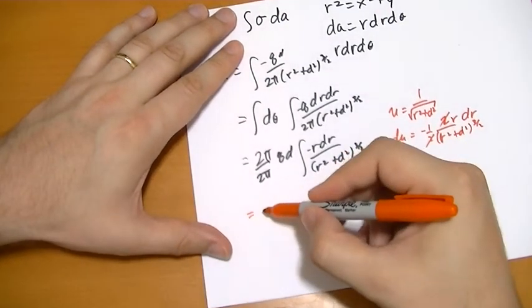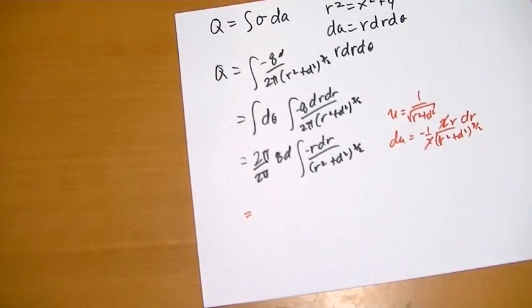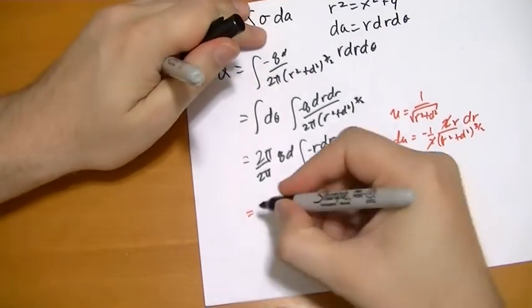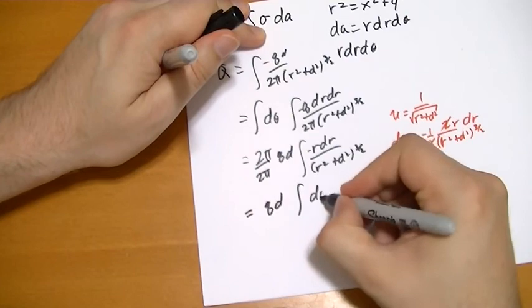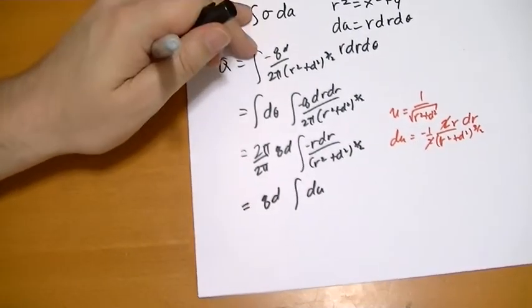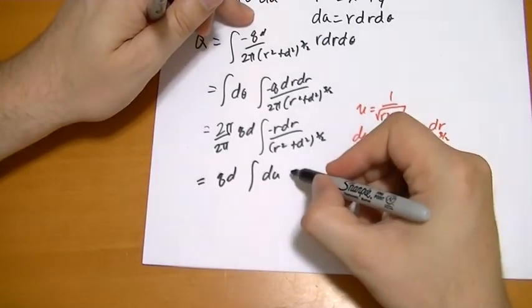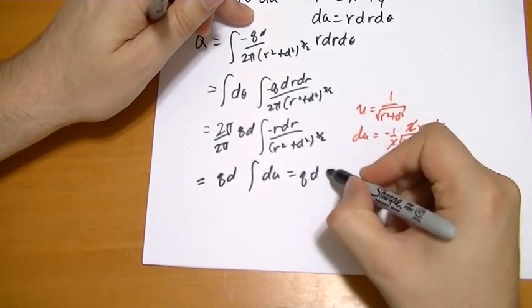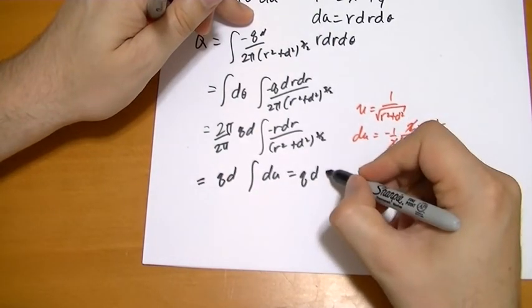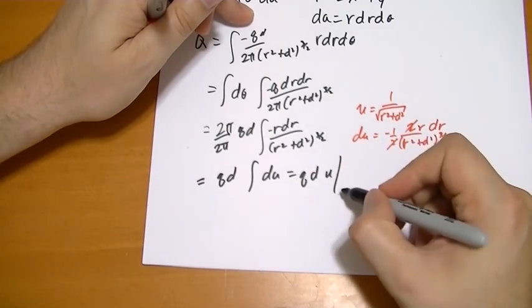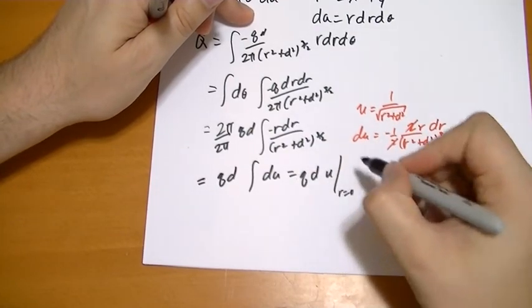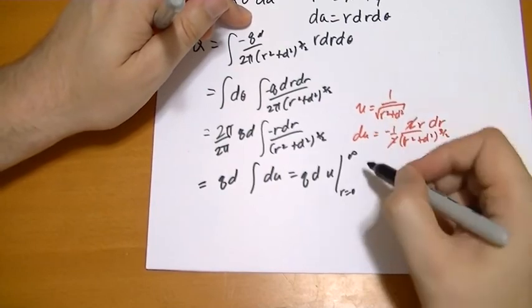So we get QD times the integral of du. Isn't that beautiful? And that becomes QD, well, the integral of du is just u, evaluated from r equals 0 to infinity, so we need to substitute in there.